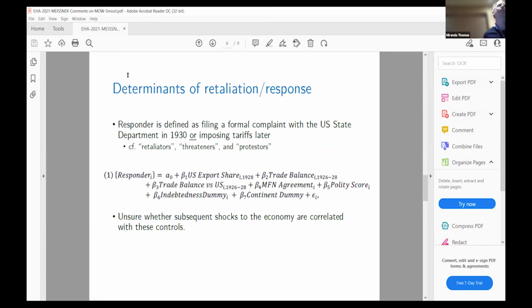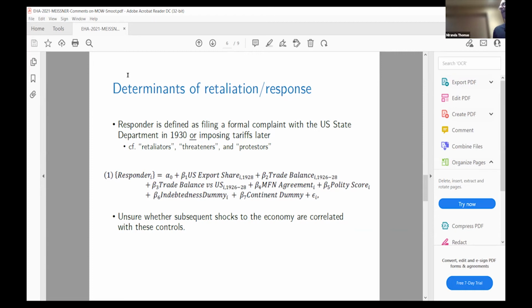Okay, so they don't spend very much time on it, and I don't think it's the main battle in this paper, but they do include a model that tries to find the determinants of response. I want to highlight two things here. One is that the reader gets a little bit lost in all the definitions here. I don't know what to do about it, but there's four kinds of possibilities here, I guess.